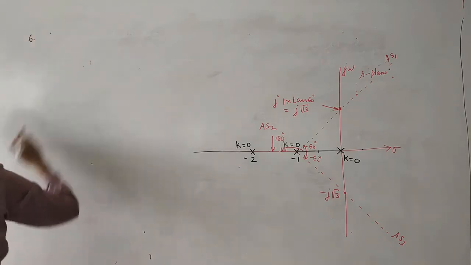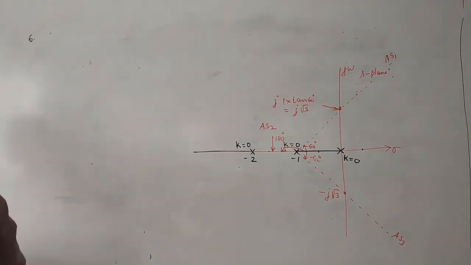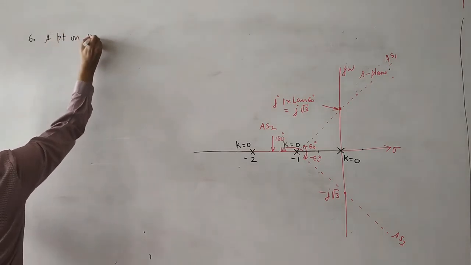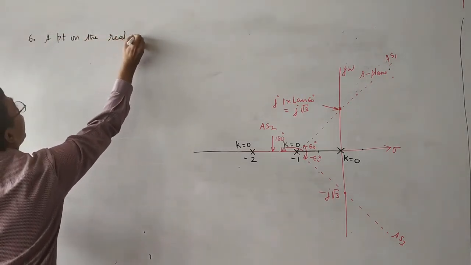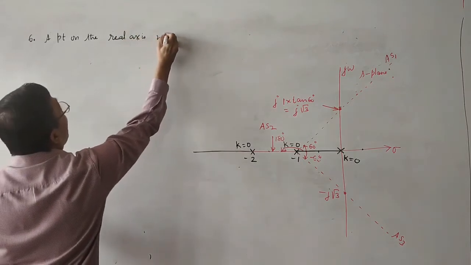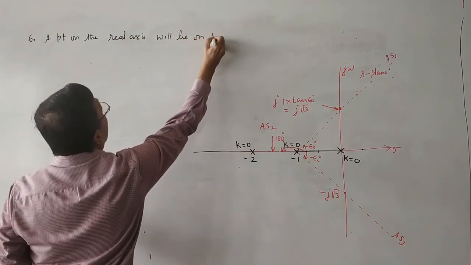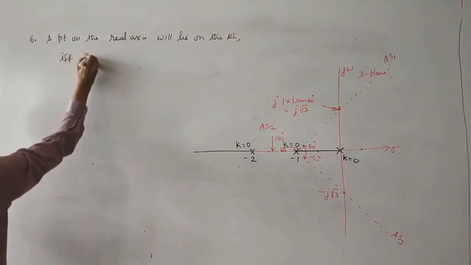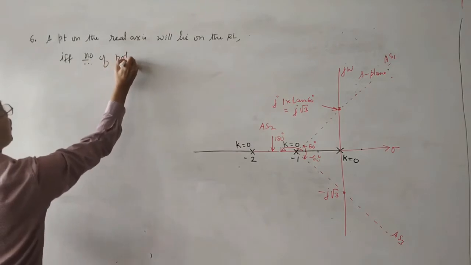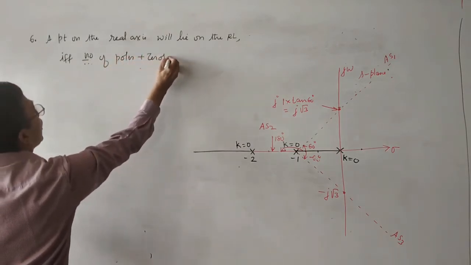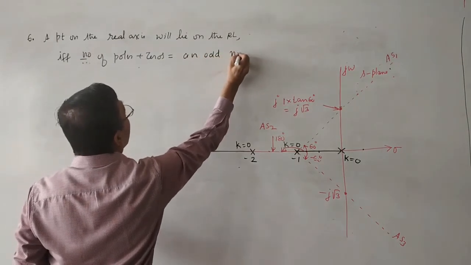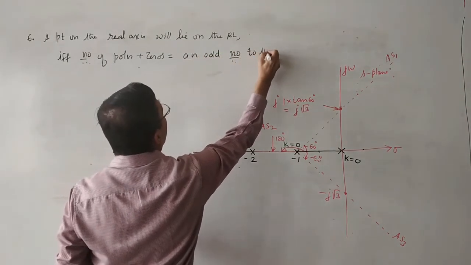Point number 6. A point on the real axis will lie on the root locus if and only if the number of poles plus zeros equals an odd number to the right of the point considered.